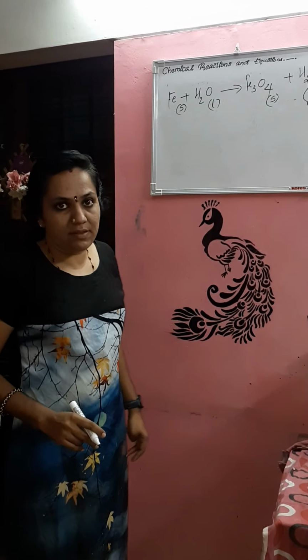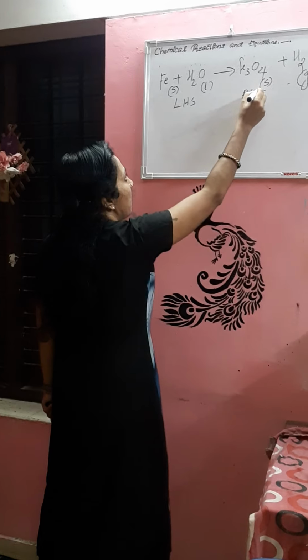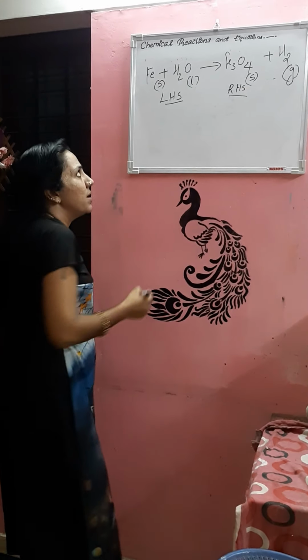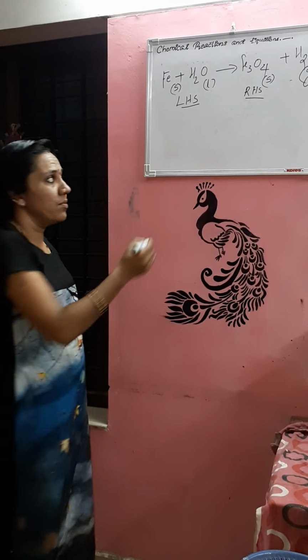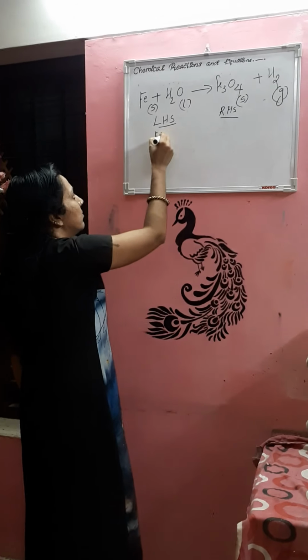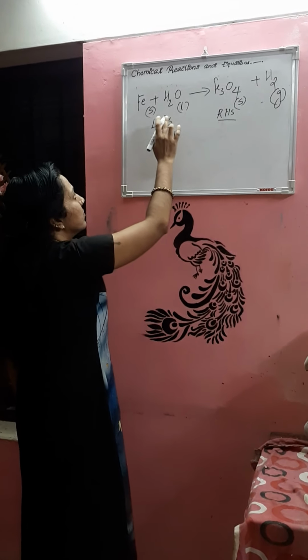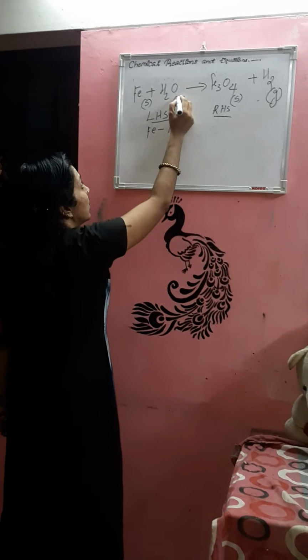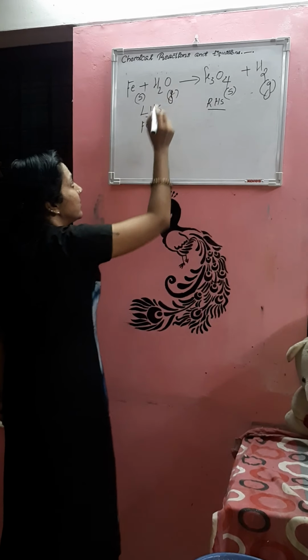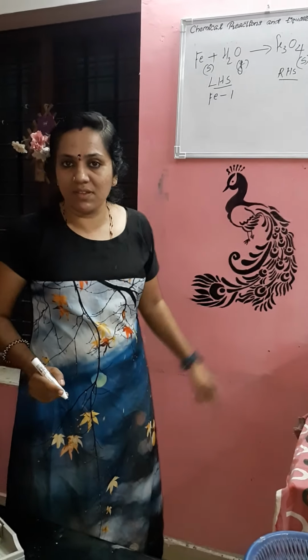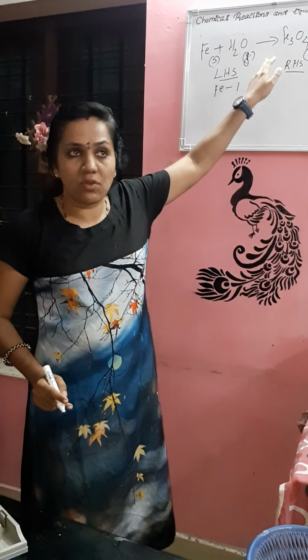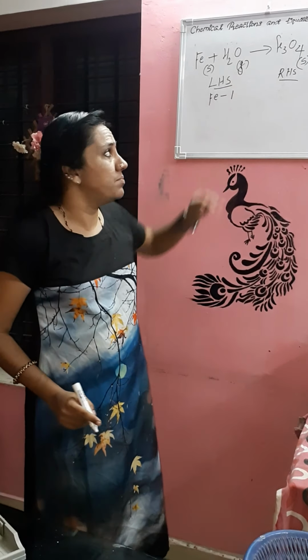So to balance, what should I do? I will write the LHS first, then the RHS. LHS first, Fe is 1. Then water. Sorry, H2O it's not liquid, it is gas. H2O is gas because it is steam.